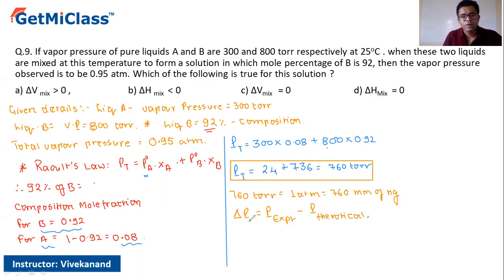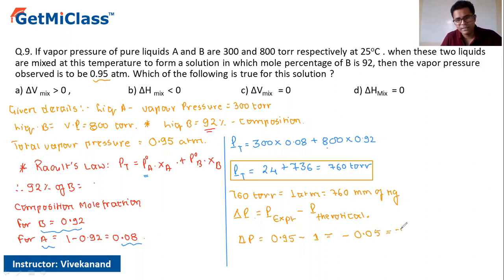According to them, what is observed is 0.95 atmosphere. So delta P is equal to 0.95 minus 1, which is equal to minus 0.05.